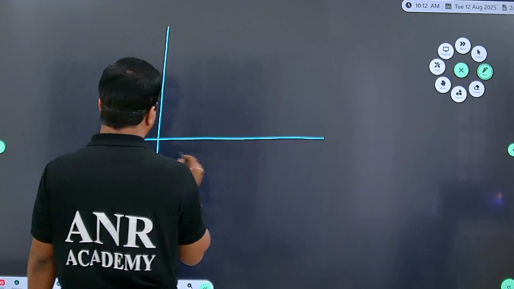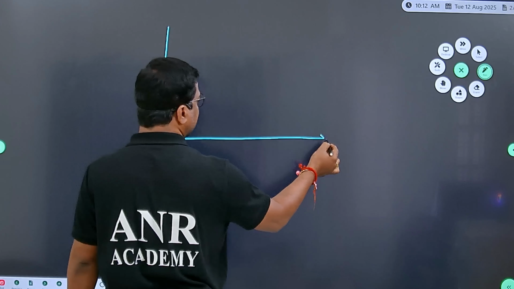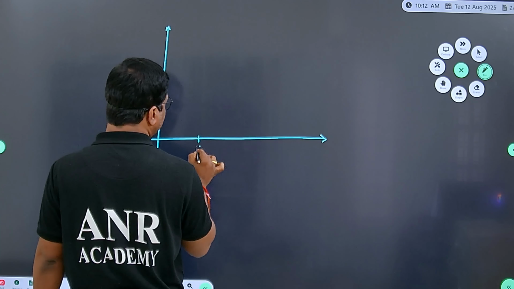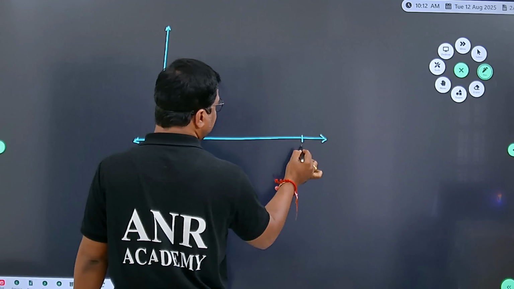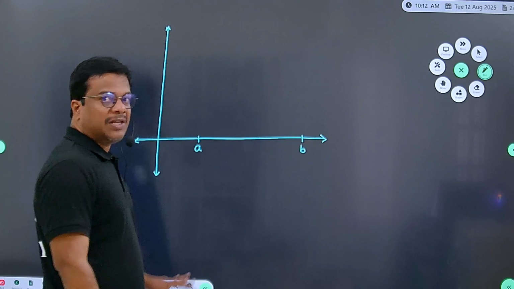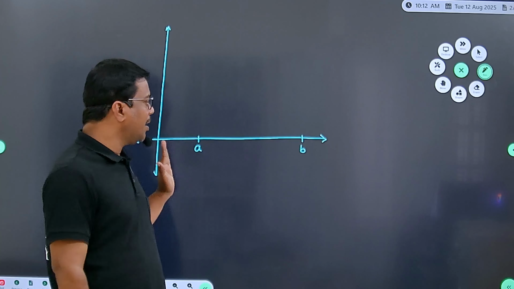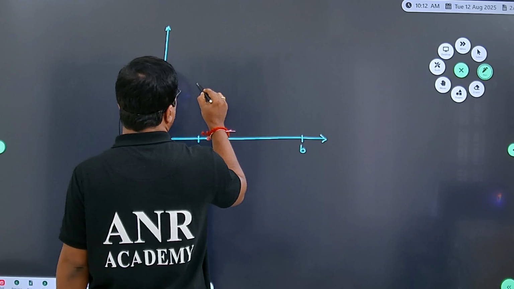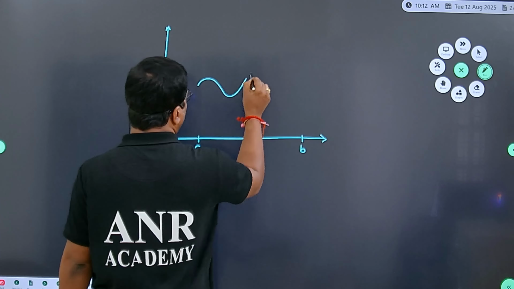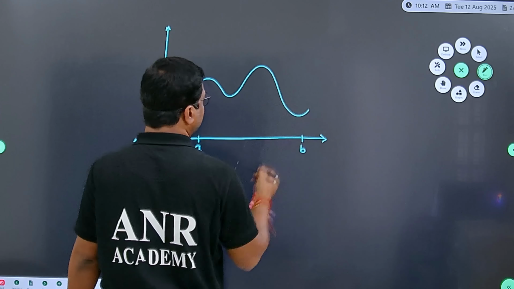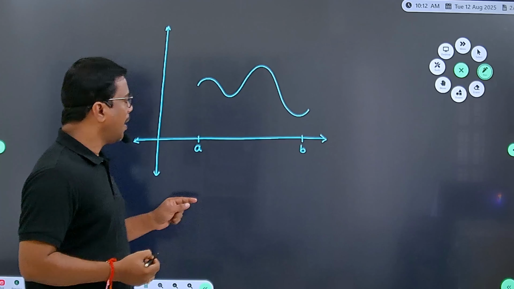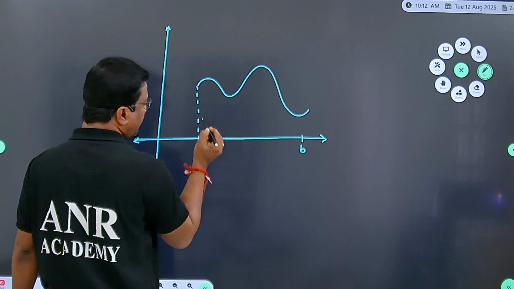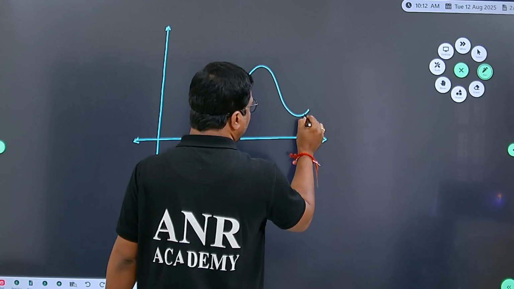On the x-axis, suppose here it is small a and here it is small b. The function f of x is defined only in this closed boundary. Suppose that the function is defined in this way. Here a and here it is b.